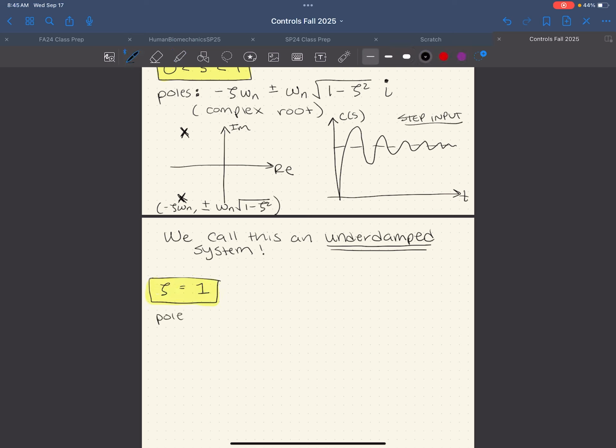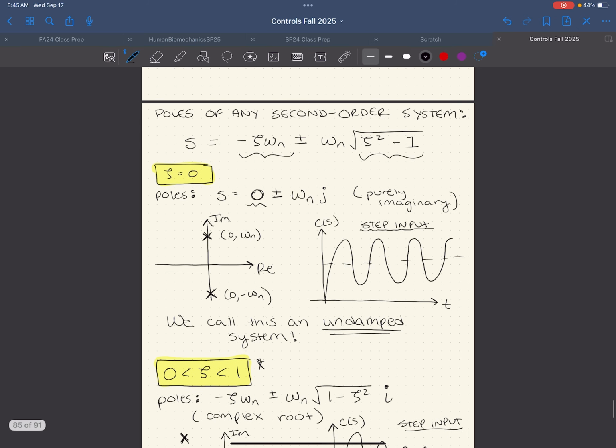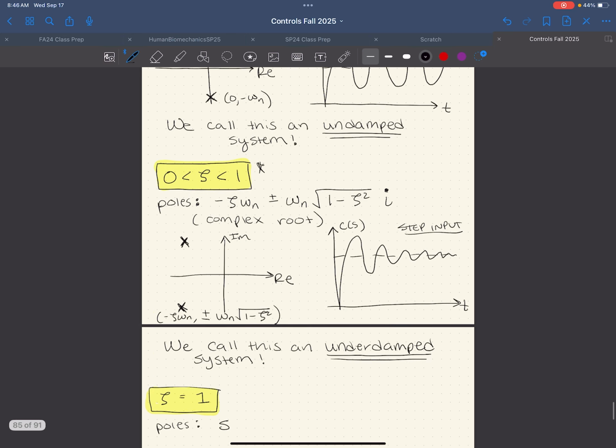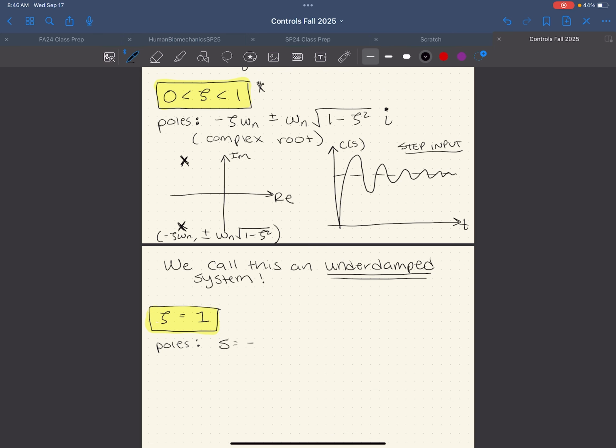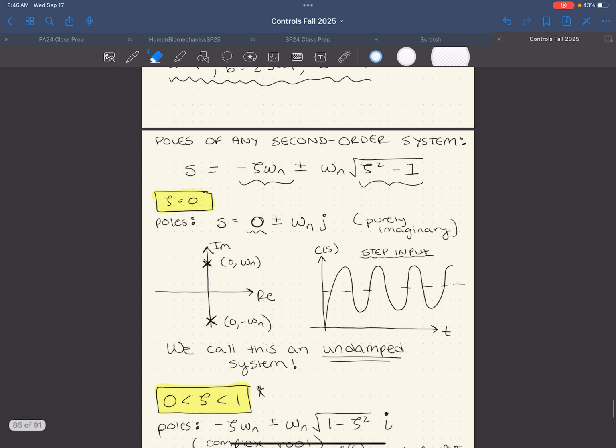Let's look at our poles. If zeta equals 1, I end up with a minus omega n real part. And what happens to this other part here at the other side?